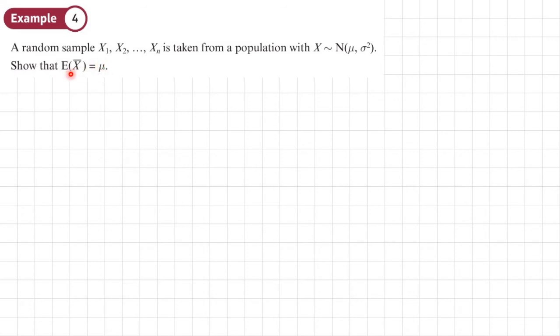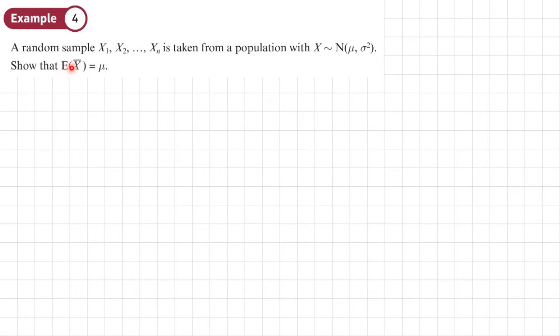So in other words, if I were to take every possible sample and work out the mean of those samples, and then work out the mean of all of those means, the expected value of all of those sample means, that would be the population mean. And we saw that in the last example.